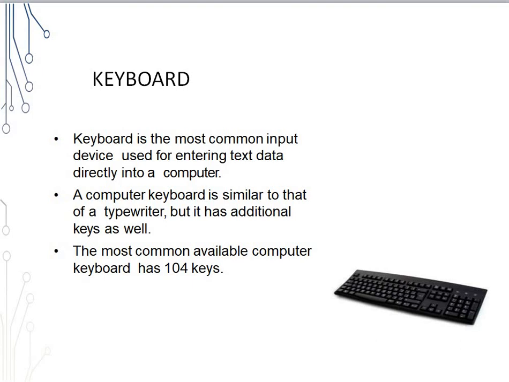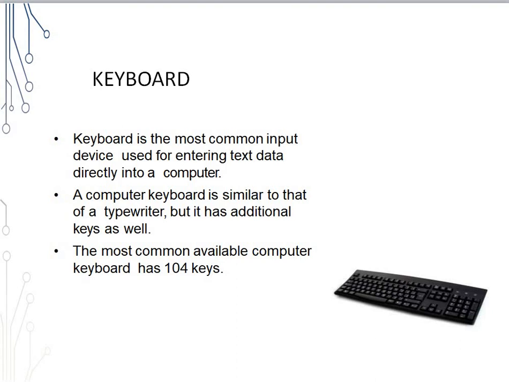Okay, so the first input device is the keyboard. Keyboard is the most familiar and most common input device that we all know. This is a picture of a keyboard, and it is the most common input device used for entering text data directly into a computer. A computer keyboard is similar to that of a typewriter. We all know that its keypad is similar to a typewriter, but it has an additional key as well, the enter key.